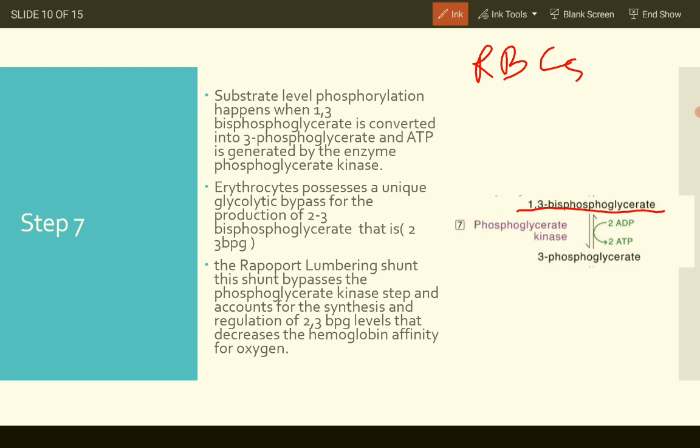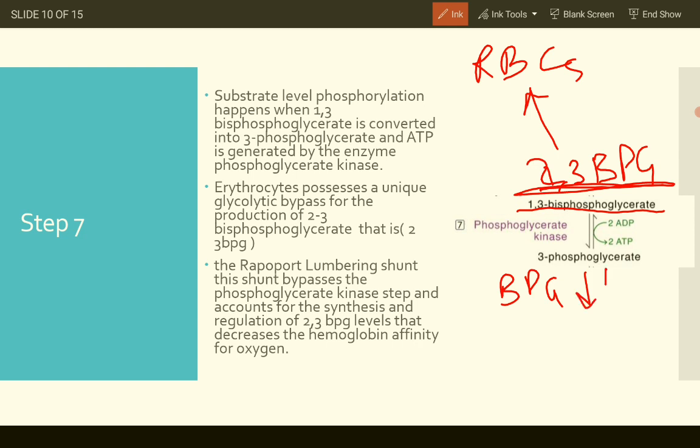So within RBCs, this molecule, sorry, 2,3-BPG, is important. What it actually does is that 2,3-BPG decreases the oxygen affinity for hemoglobin.